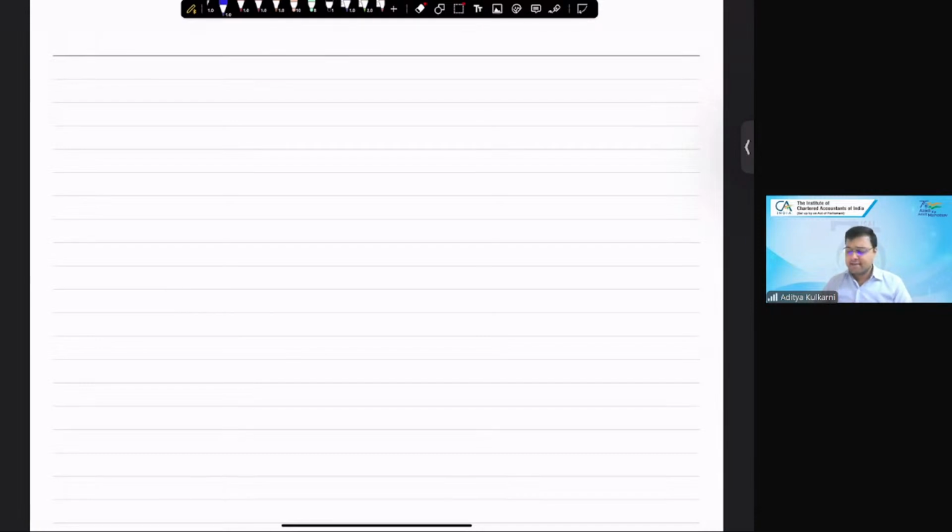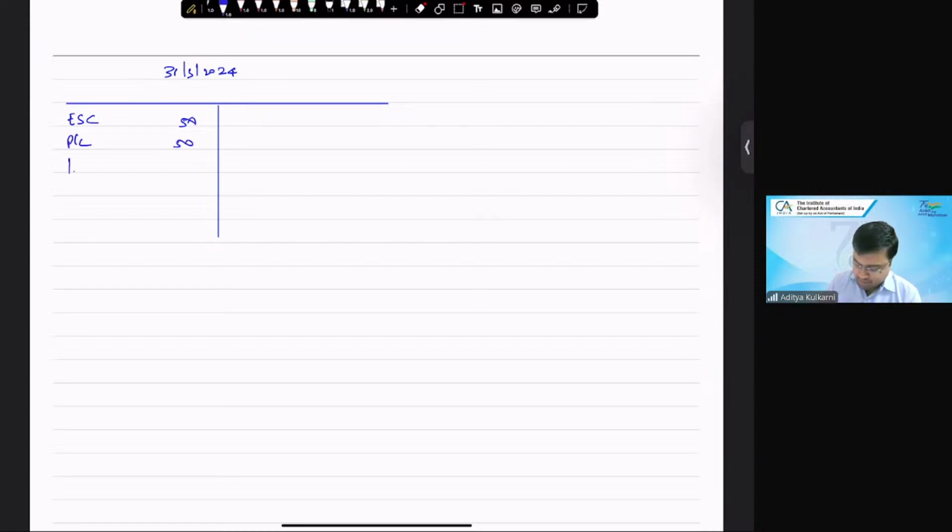I will extend the same example. 31st March 2024. Same position. Okay, same position. What is the position? Equity share capital 50, P&L 50, loan 50, PPE 100, debtors 50.